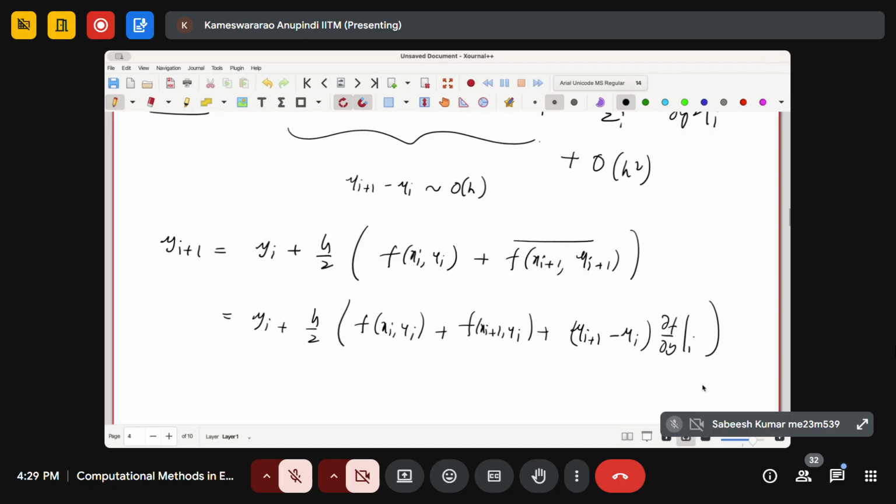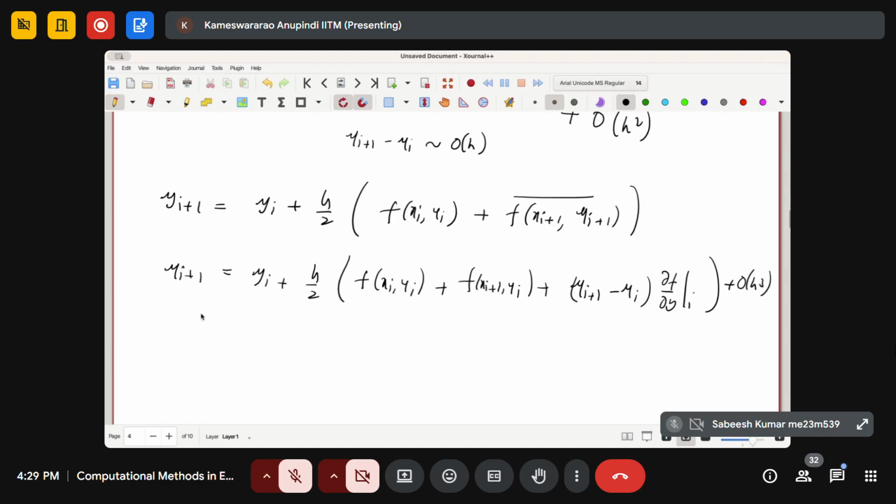And this is still order h cubed even after this substitution.